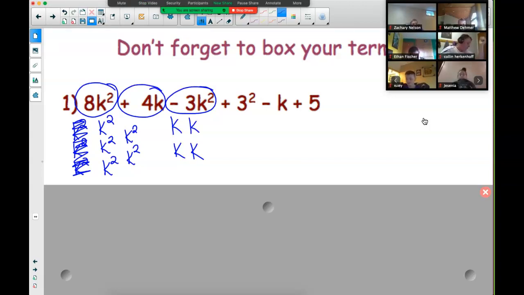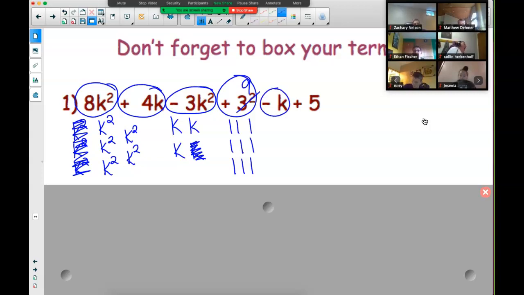What does that mean? 3 squared means 3 times 3, which is 9. So I could just replace that with the number 9, and how do I show 9? 9 ones. So I've got my 9 ones. Minus a k. So I take away one of the k's, and then I add 5. So 5 more ones.